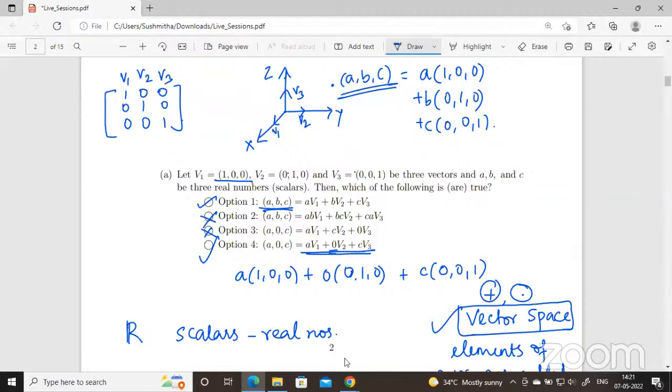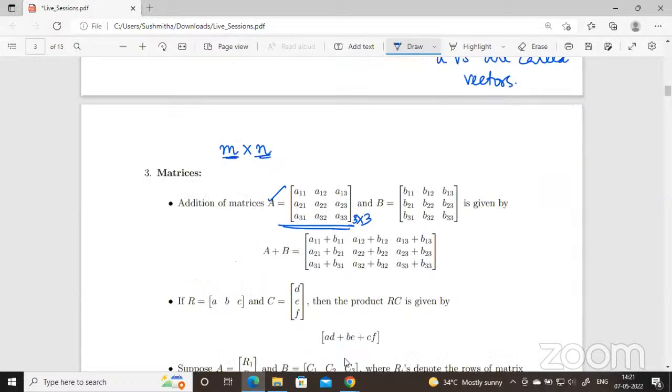You can do that as well. Even if you do it as a row, it is going to be the same, right? Correct. So this is the connection. So what I'm telling is, if you have a matrix, you can think of each row of a matrix or each column of a matrix as a vector.